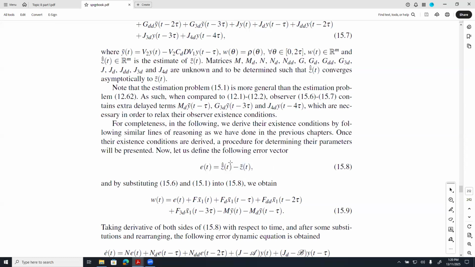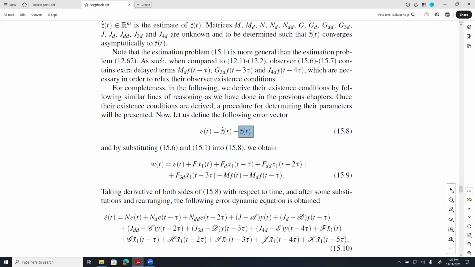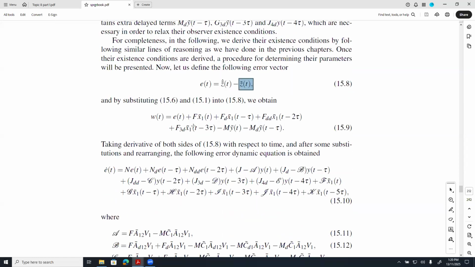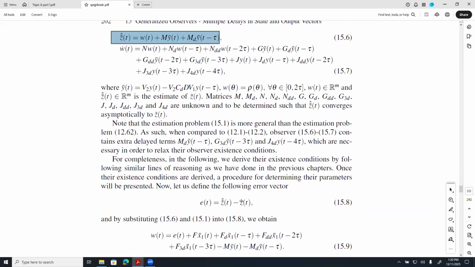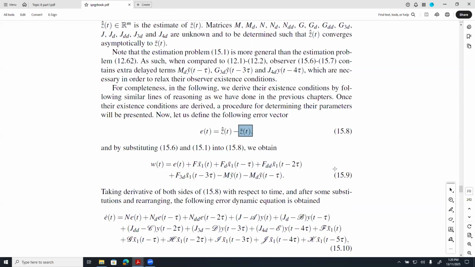One is the estimated functional, and the other one is the true functional itself. And then taking the differentiation of the error equation by substituting whatever structure we propose in here and the functional. Remember, this functional has three internal delays in there, so it's pretty general enough.